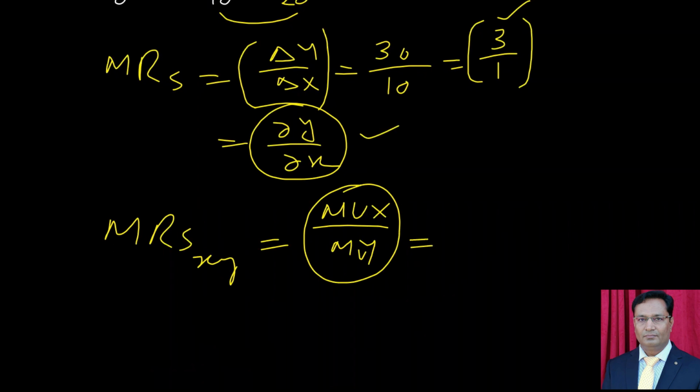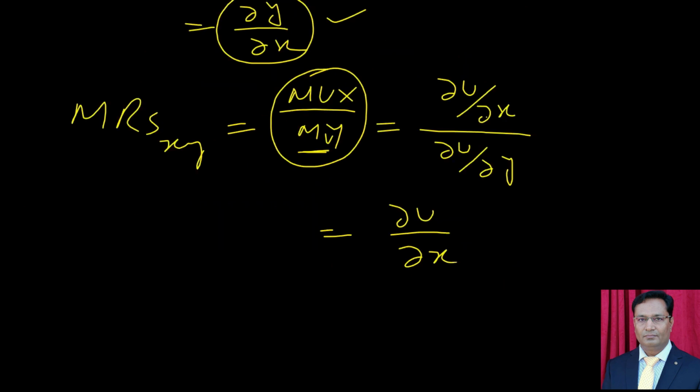Marginal utility of X is equal to partial derivative of utility function with respect to X, and if we divide it by marginal utility of Y, that is partial derivative of utility with respect to Y, and to bring this value above, we have to reverse the value, like partial derivative of y over partial derivative of u.